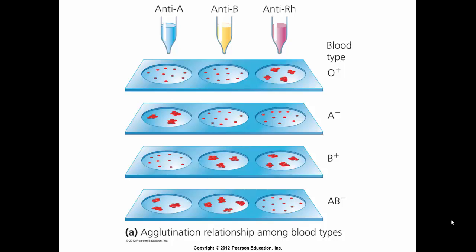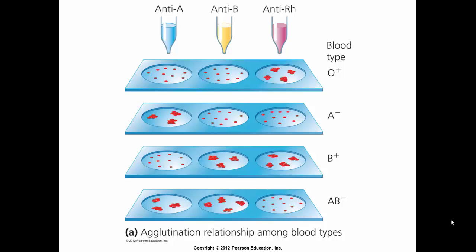looking at where they're testing for blood type A, under anti-A, clumping occurred. Anti-B, which is contained in type A individuals, no clumping occurred.